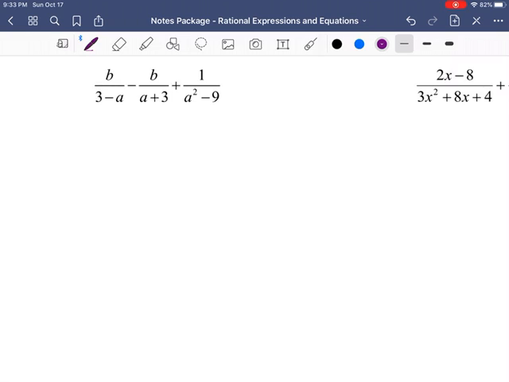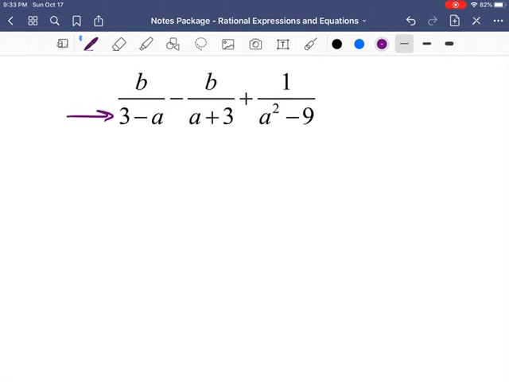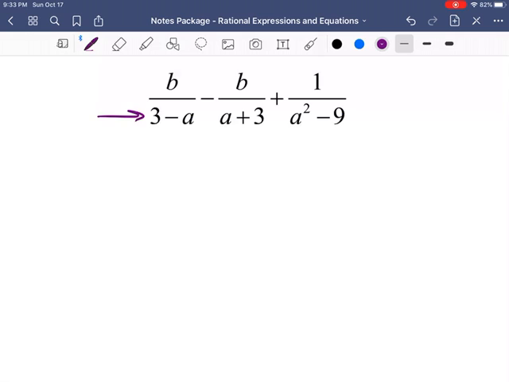If you notice this term here, that would be the same as negative a plus 3. And if you factor out the negative, you'd end up with negative (a minus 3). Okay, so let's just keep that in mind. And over here, this looks like a difference of squares question. So if we factored that, you'd get (a plus 3) and (a minus 3).